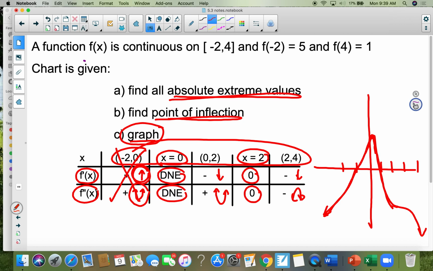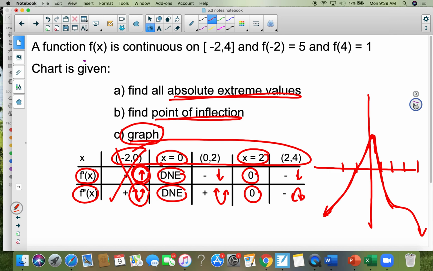So from 2 to 4, it's not the best, but it's decreasing, and it's also concave up. So this is the graph that I would use to do this problem.